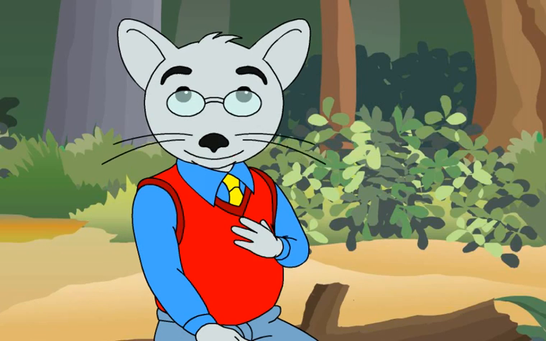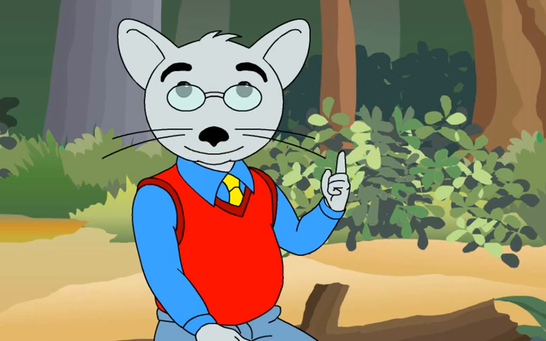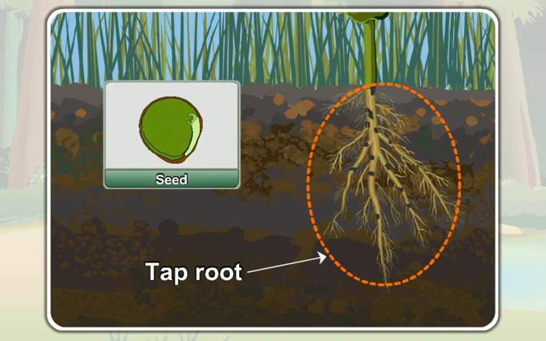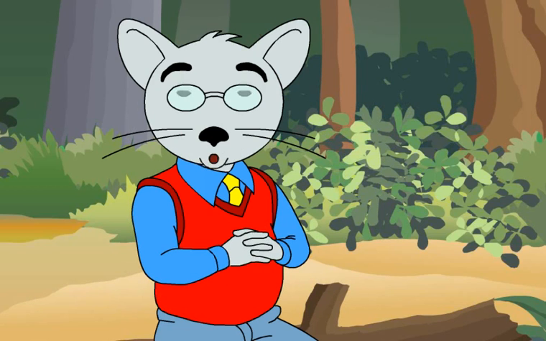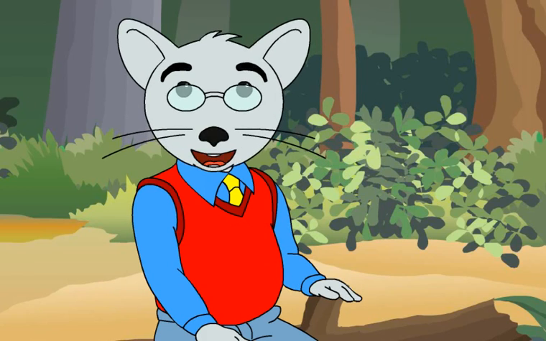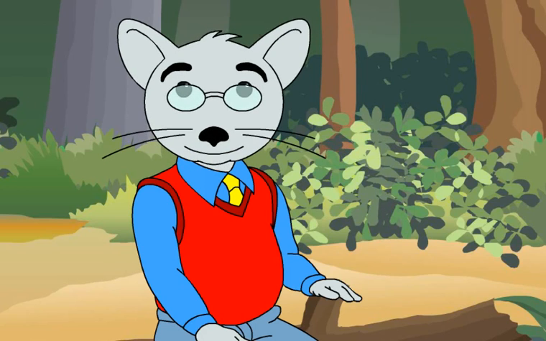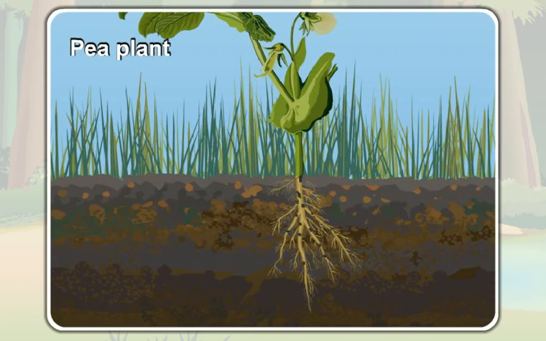Now, let me tell you one interesting thing about the tap root. The tap root grows only out of a seed. It cannot grow out of any other plant parts other than the seed. Students, let us observe the tap root of a pea plant more carefully.